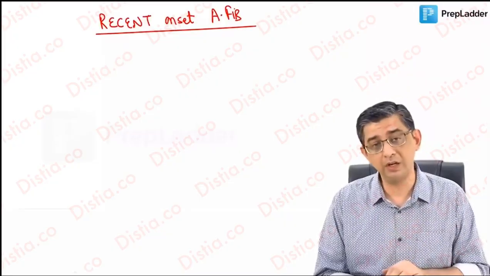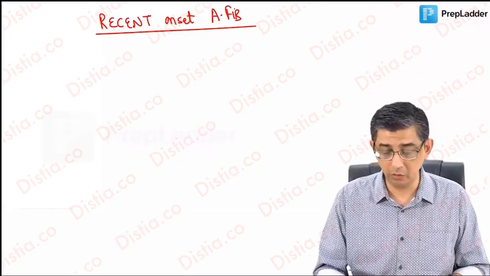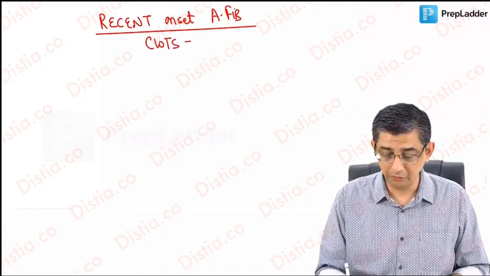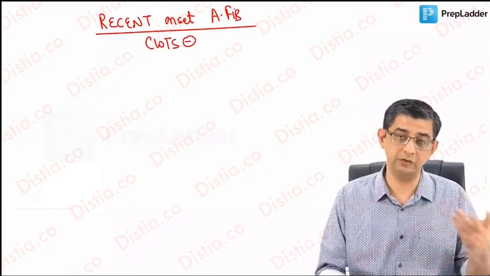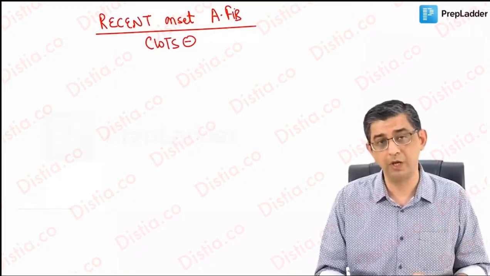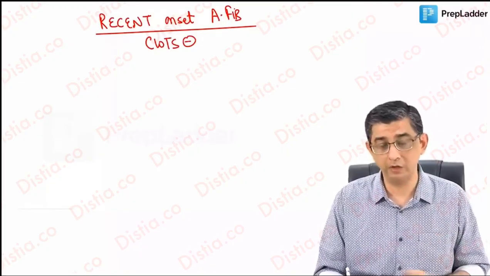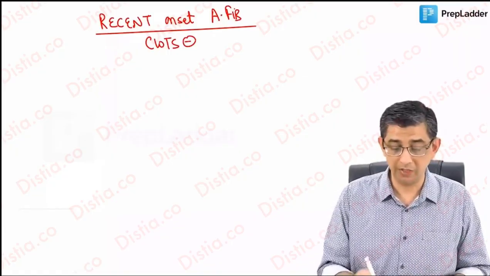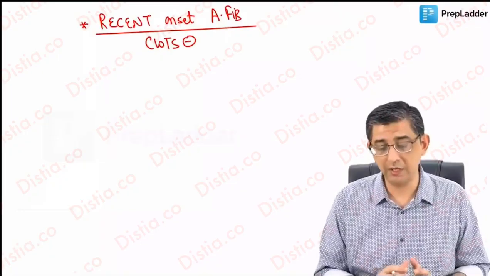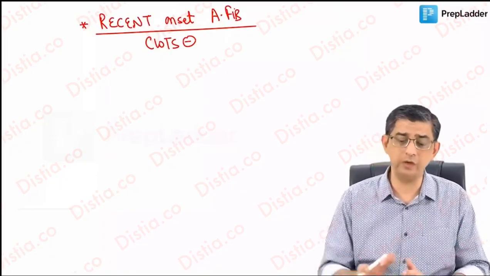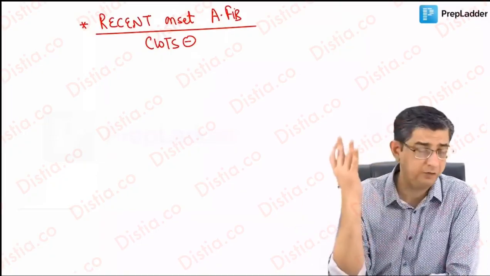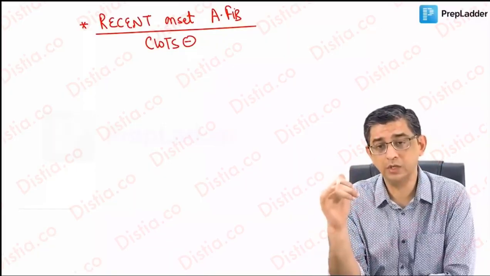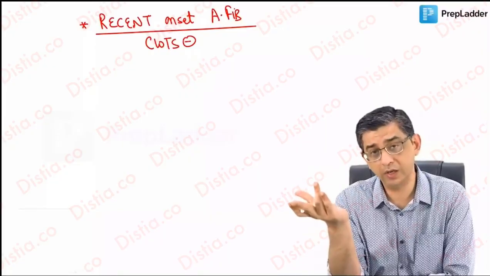But if it is a recent onset atrial fibrillation, then there will be no clots formed, no? In a few hours, clots will not form. It obviously requires a couple of days before the clots would be formed due to the continuous stasis secondary to the twitching part. The message is, if it is a recent onset atrial fibrillation, which was detected on routine monitoring, the patient was admitted for something else, then in those circumstances there is no need for anticoagulation.